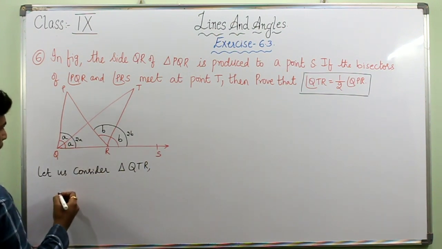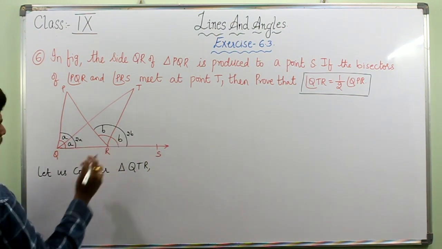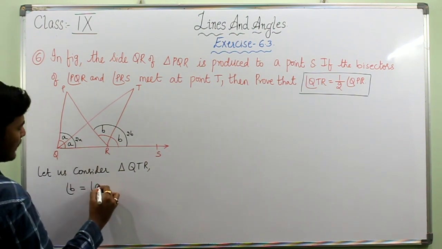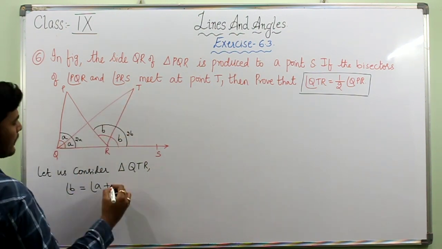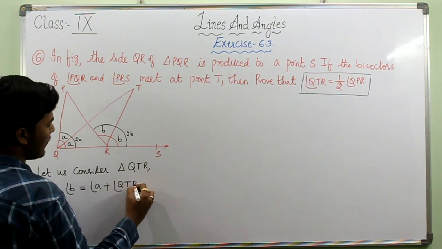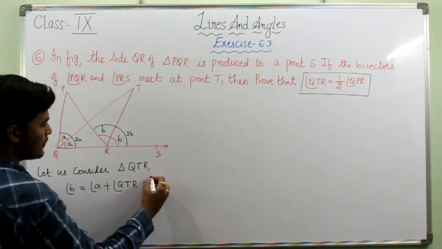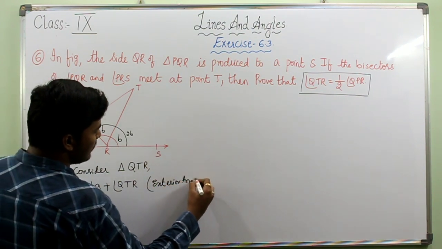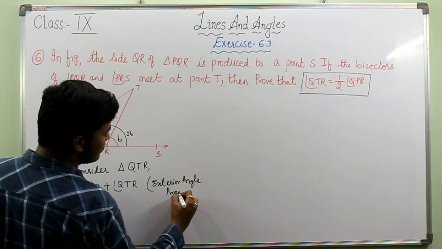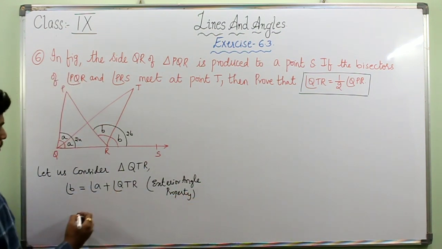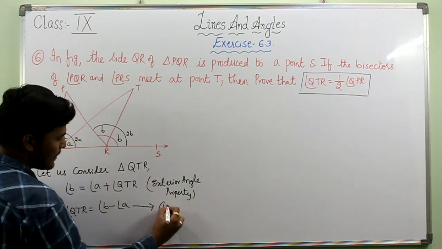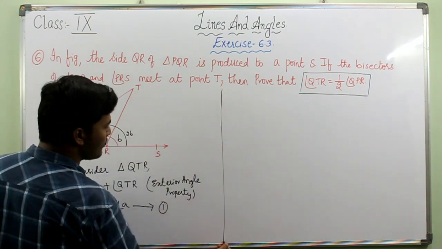By using that property, I can write angle B is equal to angle A plus, here I don't have any angle, so I am writing it as QTR. What is the reason? Exterior angle property. From this QTR can be written as angle B minus angle A, and name it as equation number 1.